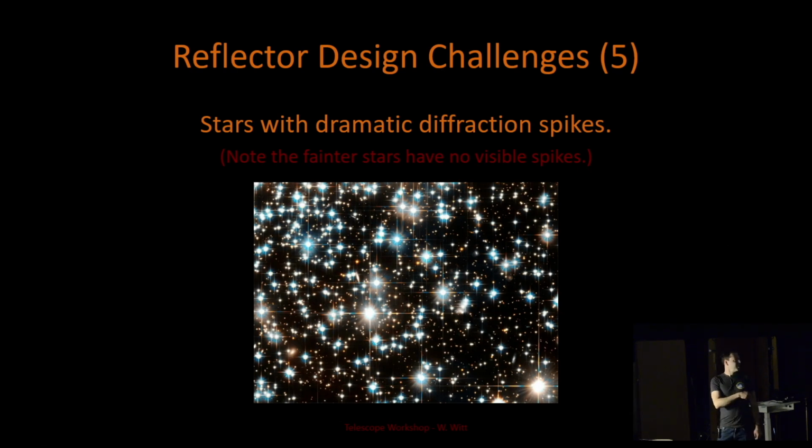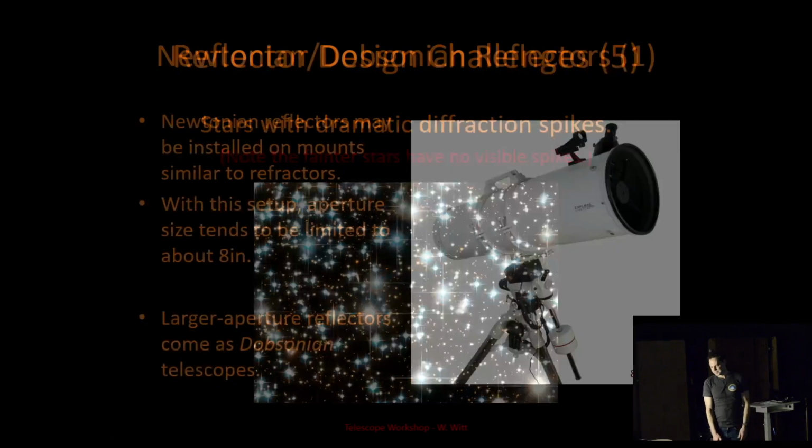You're used to seeing some big, beautiful view and stars with these little crosses on them, and it looks cool. Webb has three vanes connecting it, and so I think it ends up having 6 diffraction spikes. That's how that works out for some reason. So you would see not just 4, but kind of like 6 of them. I'm used to seeing that, so I kind of like that effect. But it is technically an optical defect of sorts.